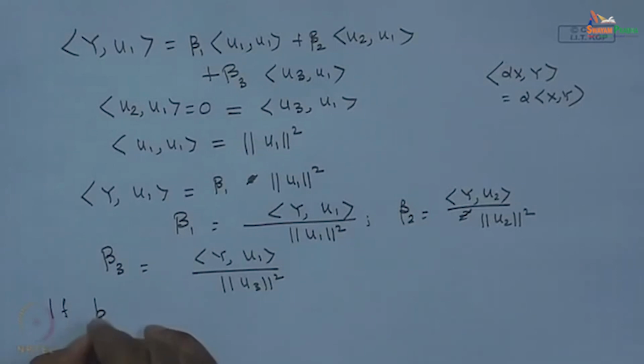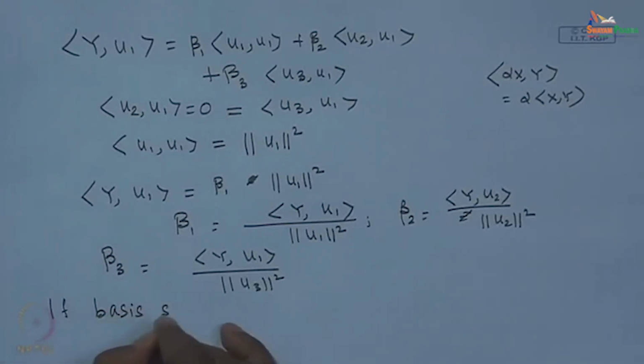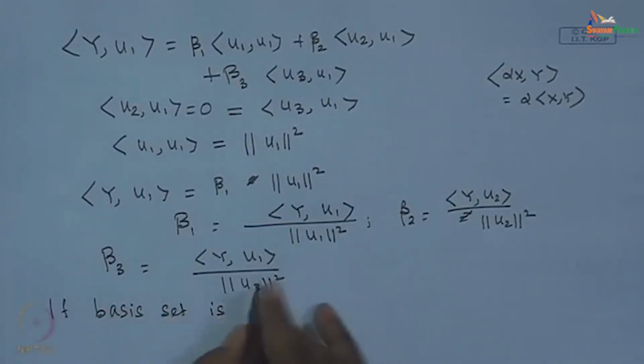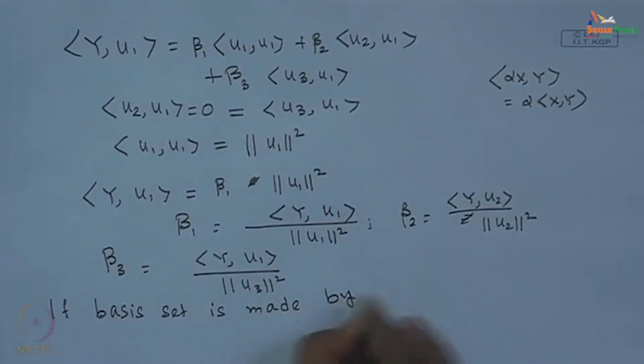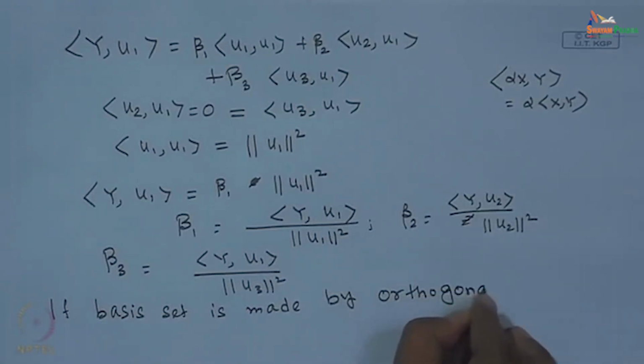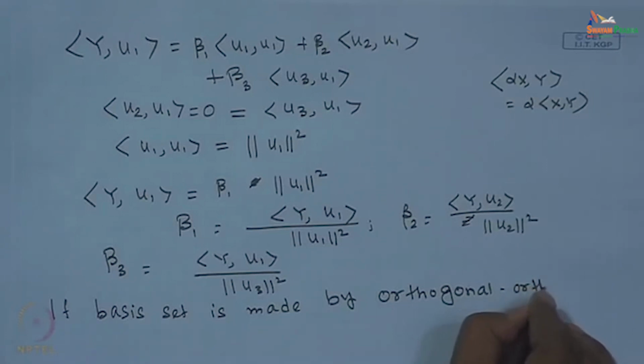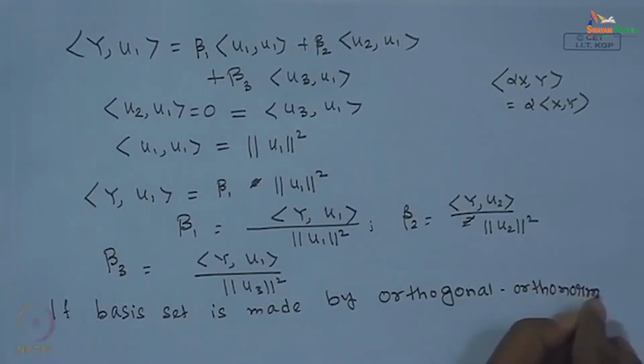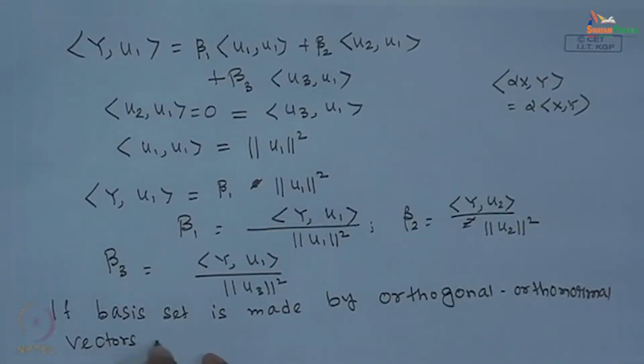If the basis set is made by orthonormal vectors, then it has two simultaneous properties: the individual vectors in this set are orthogonal as well as their norm is equal to 1.